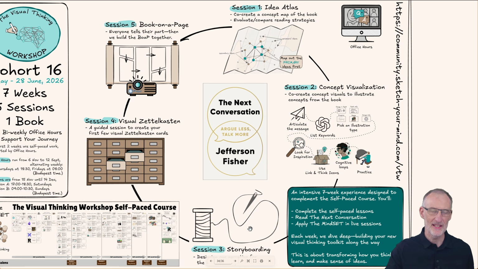Session 3 is where we build the storyboard, including the path that we looked at right now, but also including the icons in the corner and the clips in the top. So that's something that we do live in session 3.